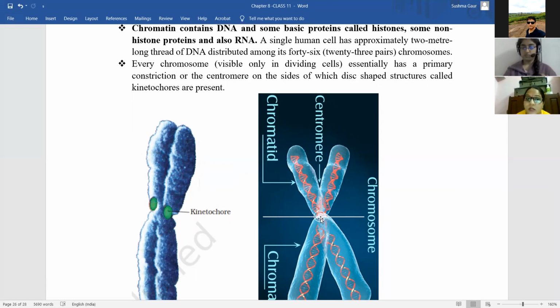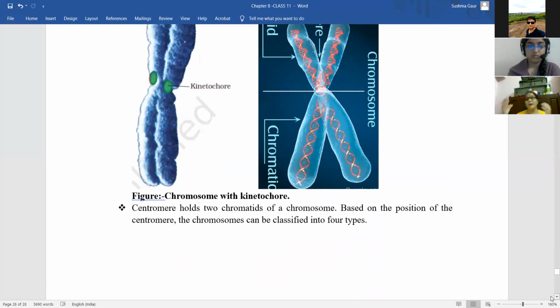And what are kinetochores? Kinetochores are structures present on both sides of this primary constriction, and they are responsible for binding to the spindle fibers during the division of the cell.